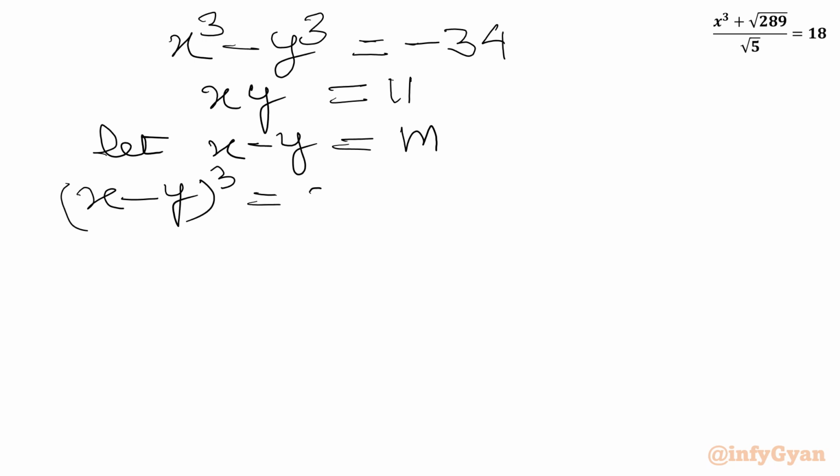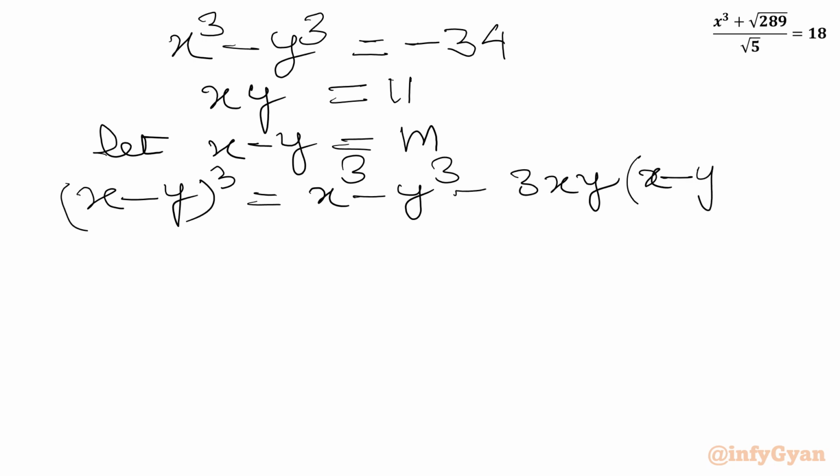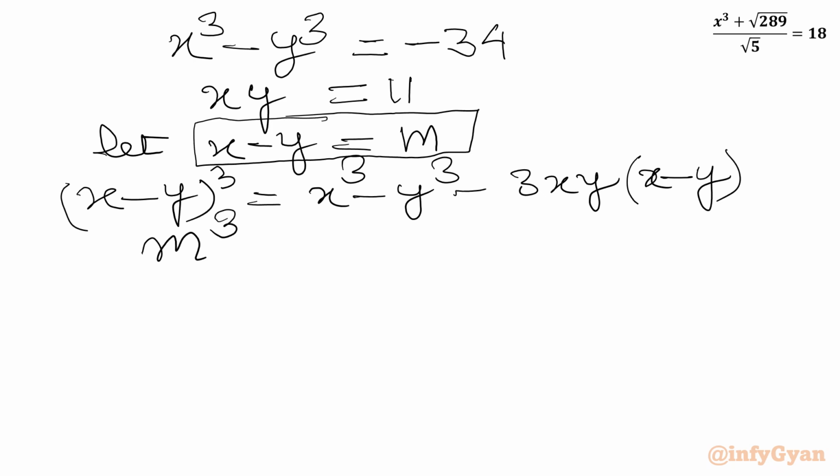This will be equal to x cube minus y cube minus 3xy times x minus y. So in place of x minus y, we will use m. So I will write our equation m cube equal to minus 34. This is our equation 1.